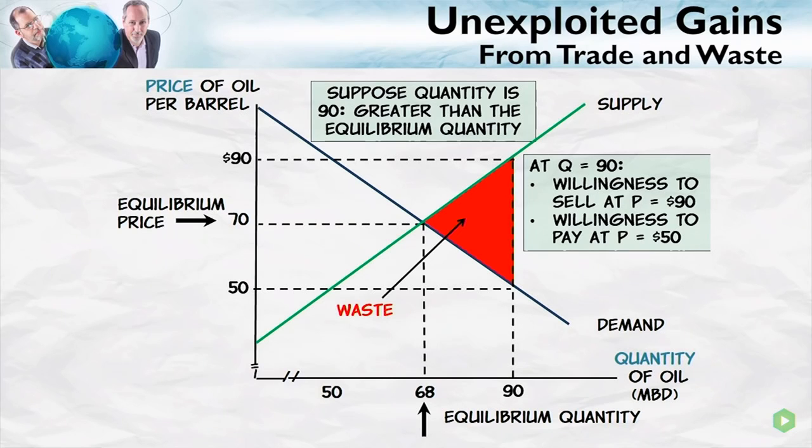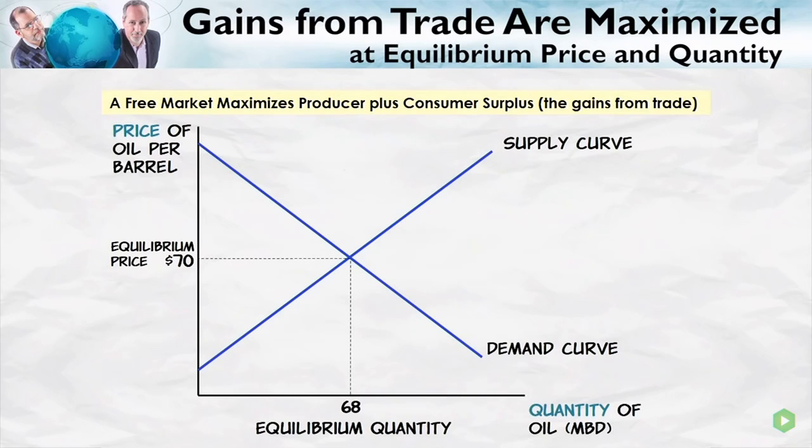And we don't expect waste to last very long in this market, precisely because without any intervention, suppliers are not going to be able to sell a product to buyers for more than the buyers are willing to pay for that product, for more than the product is worth to the buyers. So for this reason, we don't expect waste to last in a free market either. So a free market maximizes the gains from trade.